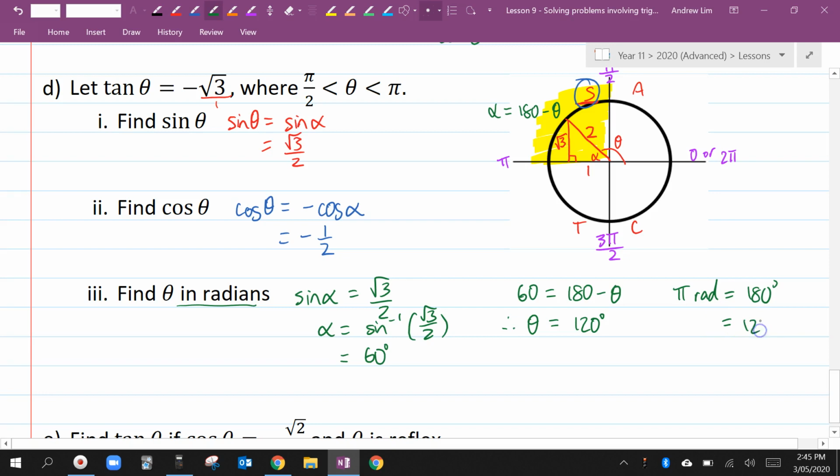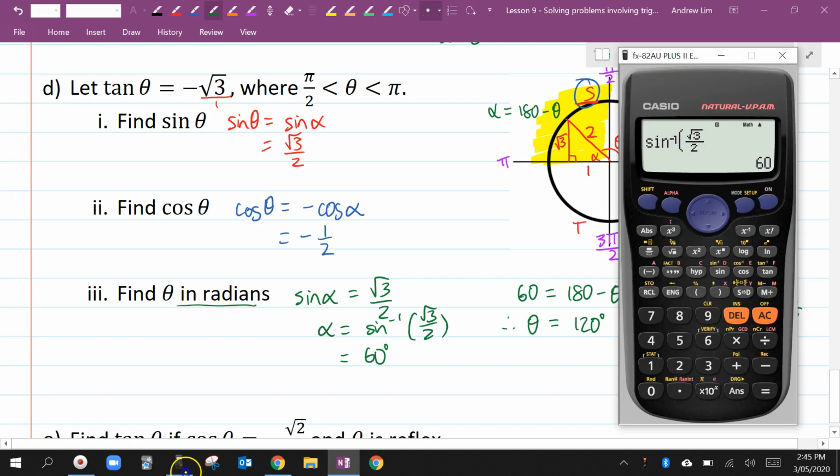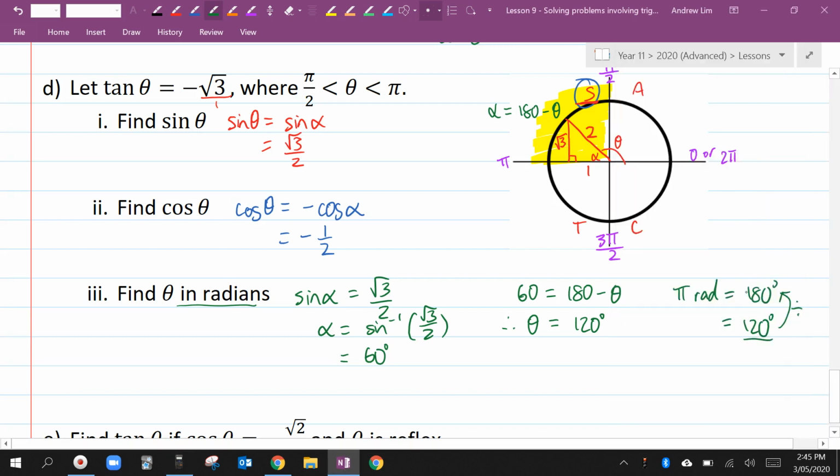So if we want to work out how many radians there are in 120 degrees, we just take 120 divided by 180. Right, as a fraction, 2 over 3. So it's 2 pi over 3 radians. So we can say, therefore, theta is equal to 2 pi over 3 radians.